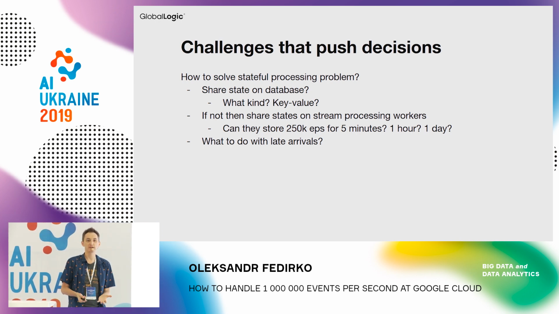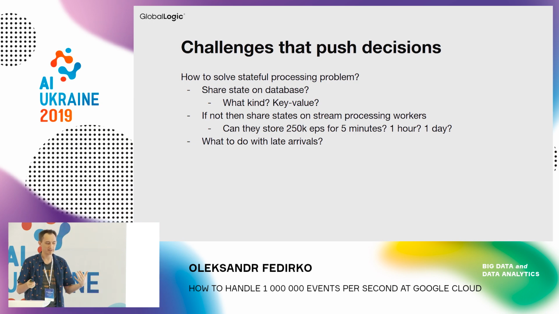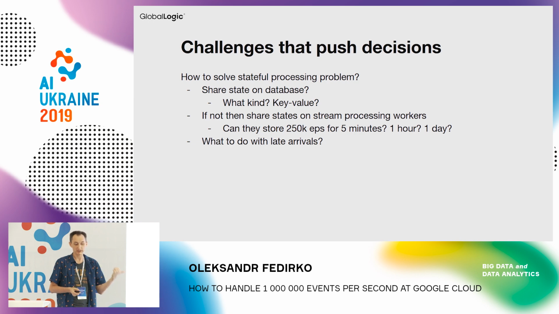Where do we have to store this state when we would like to detect port scanning for 5 minutes? Should we pick some intermediate storage, or should we use workers and save everything there? Those were the questions we had to answer, and they pushed our decisions on the project.